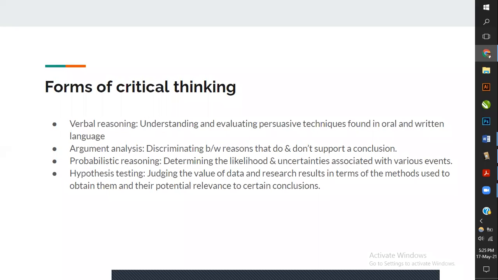Now, for hypothesis testing, we will be judging the value of data and the research, in terms of the methods used to obtain the results and their potential relevance to certain conclusions. We will be seeing if this thinking refers back to a certain conclusion, and whether it coincides or not.